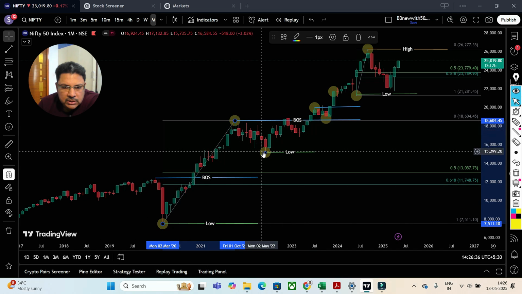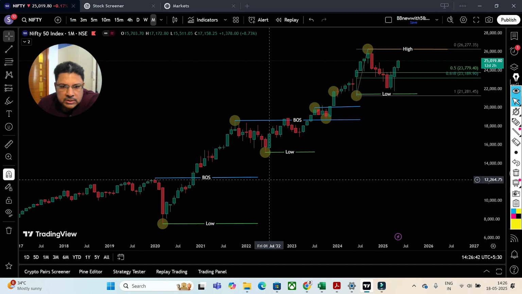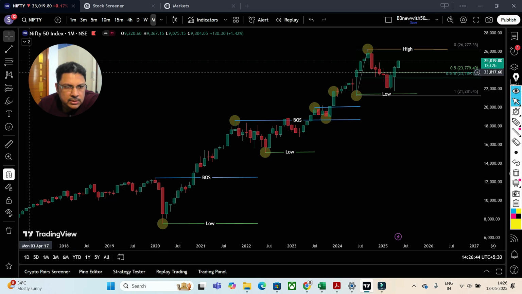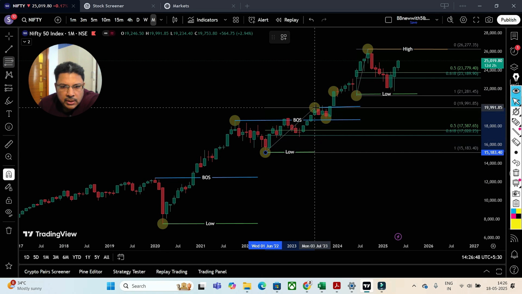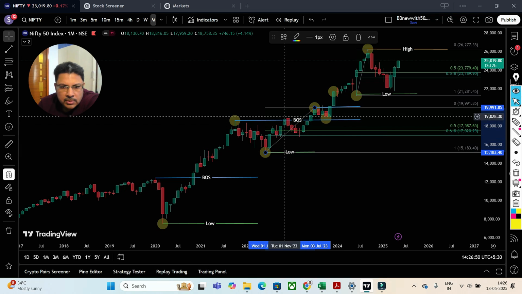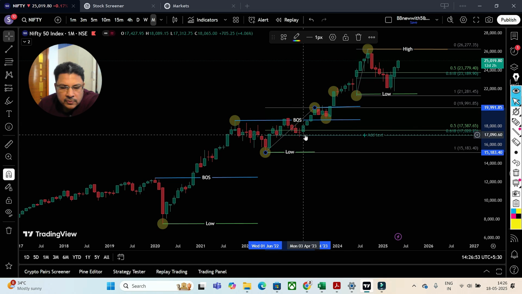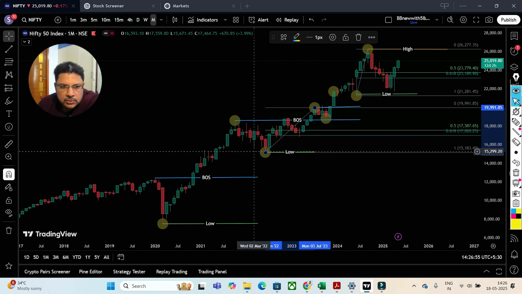You can always see the market will be somewhere around 25% or 30% retracement, and from there it moves up. Now let's take this point and the new high. The market came up to this 50% zone.